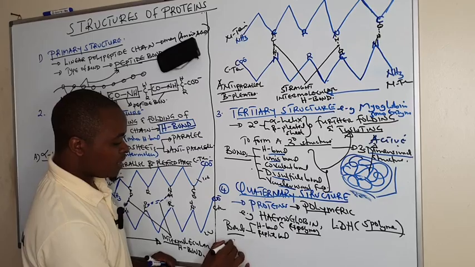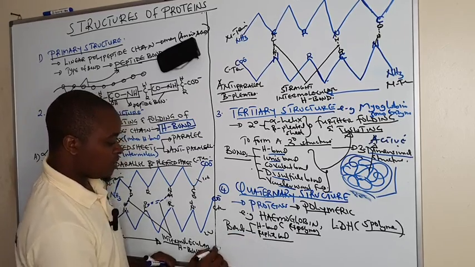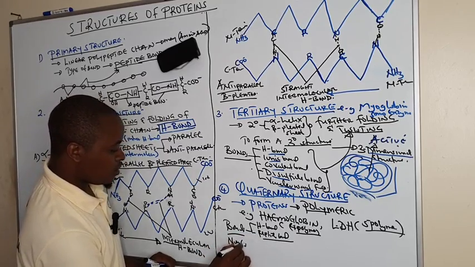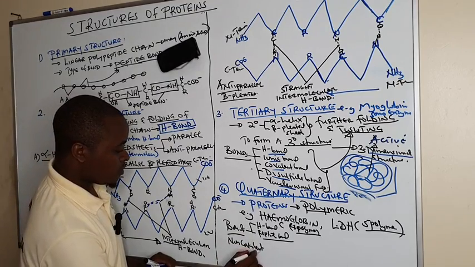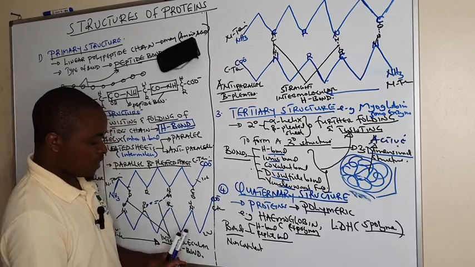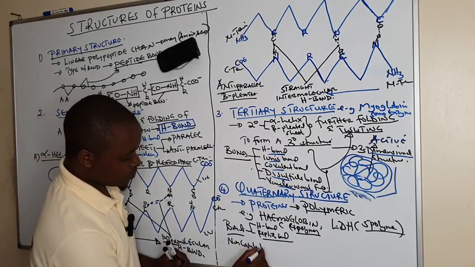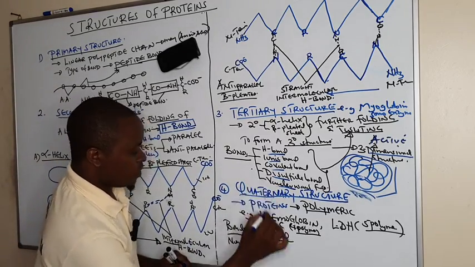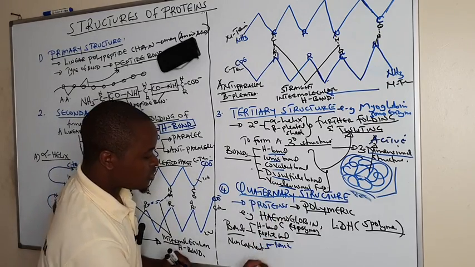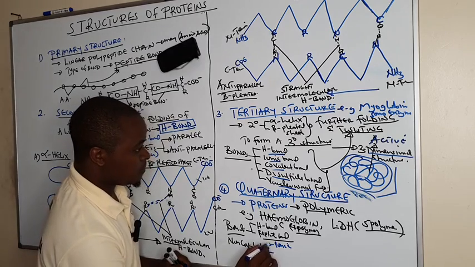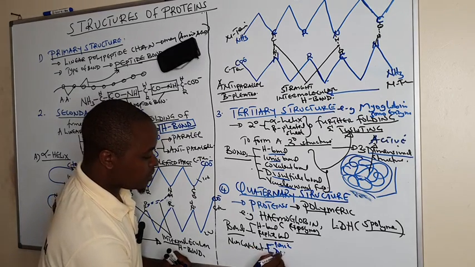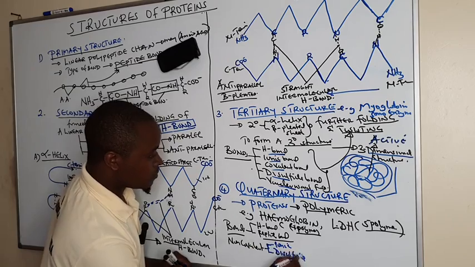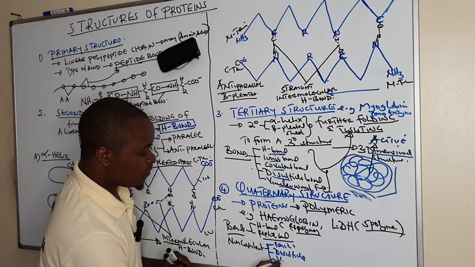Then the non-covalent bonds, for which we are going to see examples of ionic bonds or ionic interaction, disulfide bridges, and van der Waals forces.